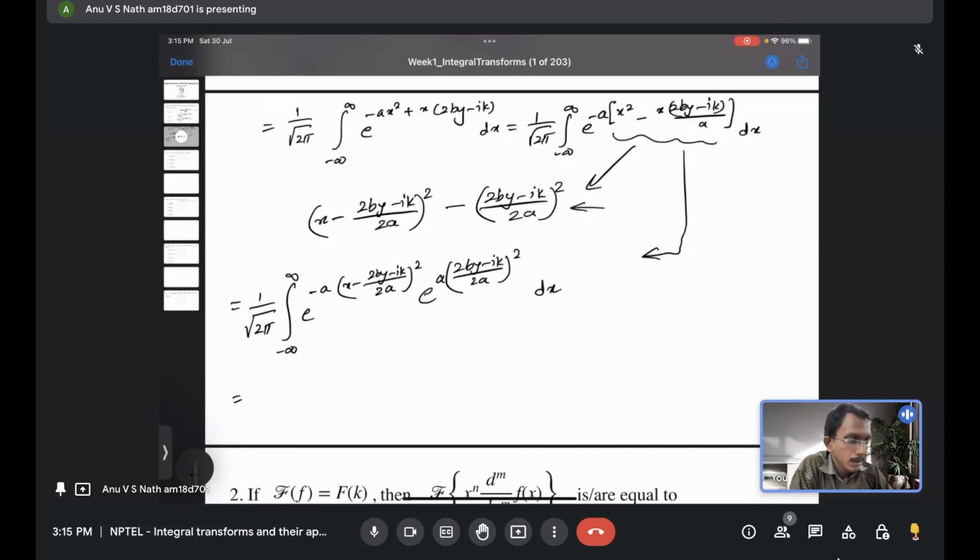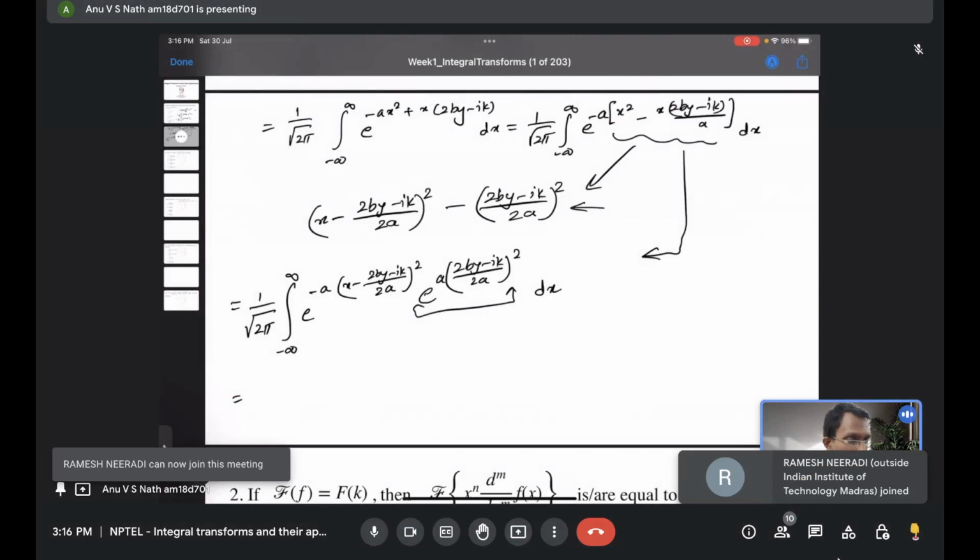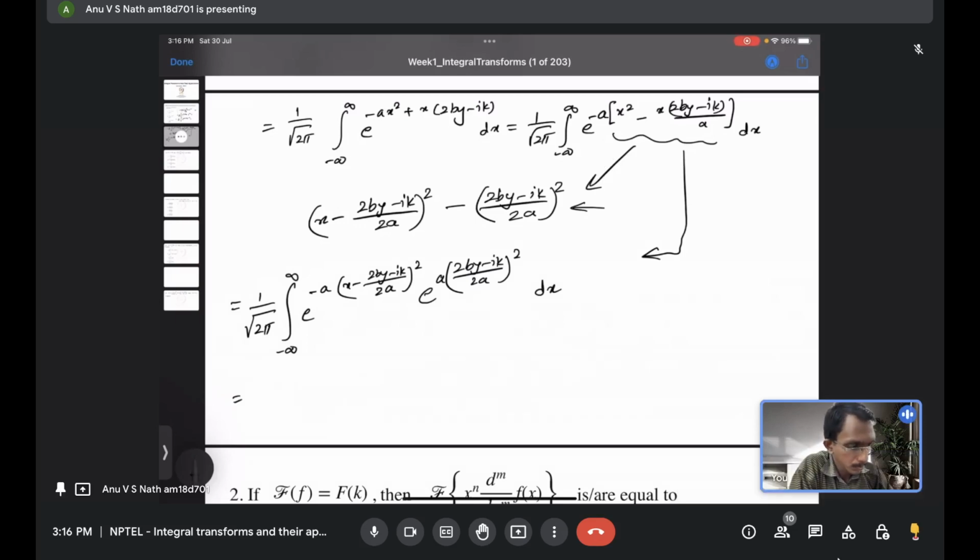Now the exponential of the second term doesn't have any x dependence, so that means it's a constant compared to the integration, which we can take outside, right? So which will come outside: exponential of a into 2by minus ik, the whole square, divided by 4a square. 1 by square root of 2 pi is also a constant, and now inside the integration is only exponential of minus a times x minus 2by minus ik by 2a, the whole square, dx.